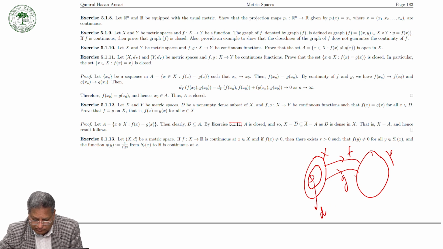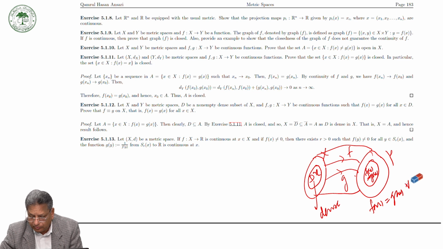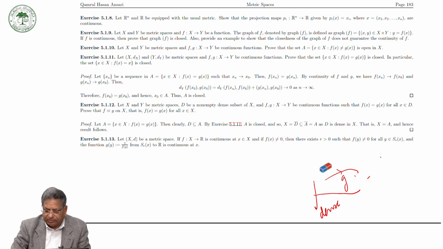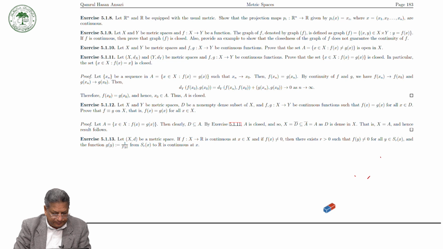So here you will get f of x is equal to g of x when x is in the dense set. And if this is true, then the functions agree on the whole space. That is to say, f of x must be equal to g of x for all x in capital X. So it's a very nice result, or a nice exercise, but it can be proved very easily.